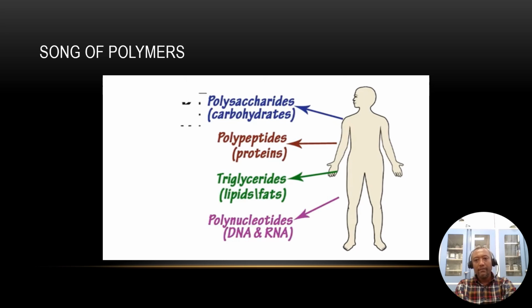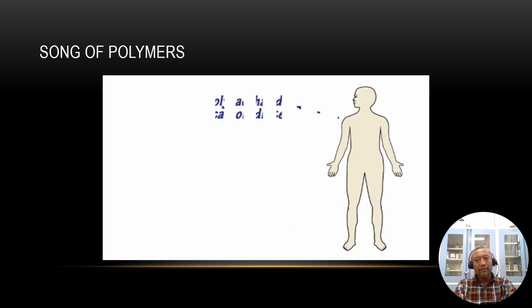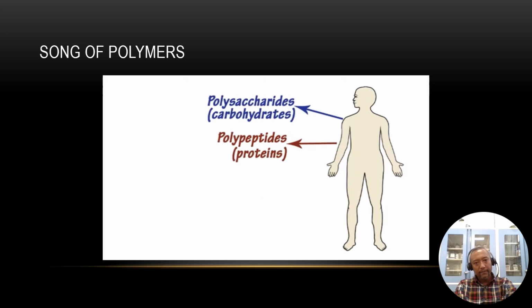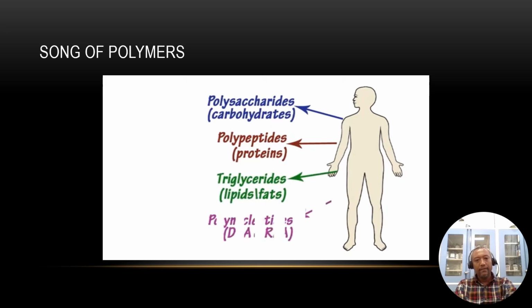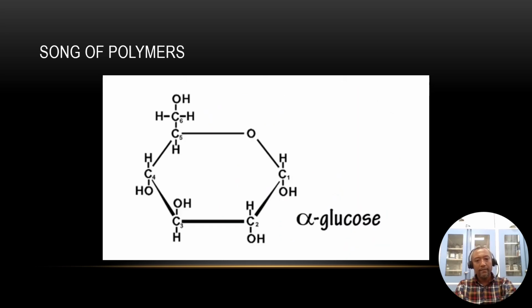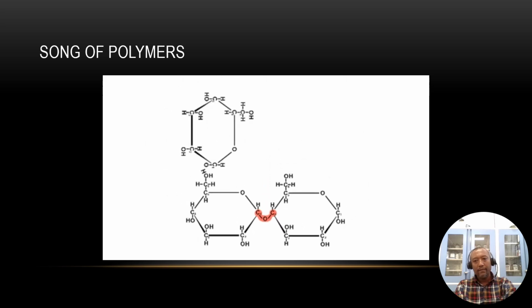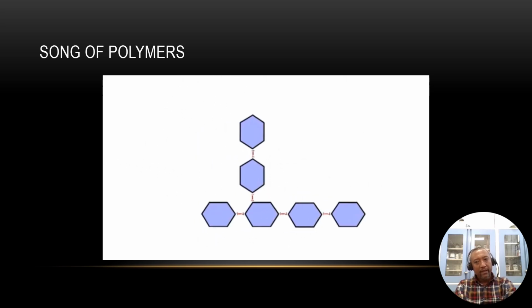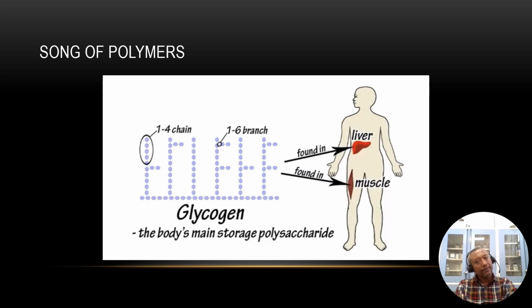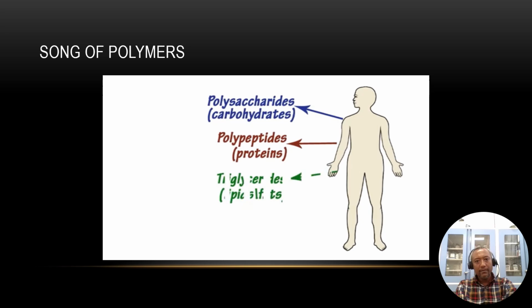The body synthesizes four kinds of polymers by condensing simple molecules called monomers. Polysaccharides, polypeptides, triglycerides, and don't forget polynucleotides. Saccharides are sugars, and the liver's fond of joining them together with glycosidic bonds.